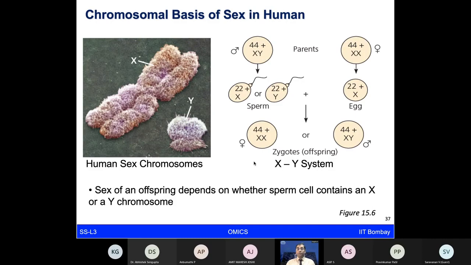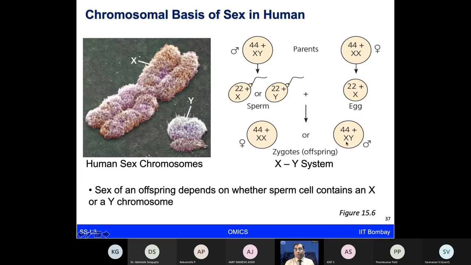If you think about the chromosomal basis of sex in humans, we have 46 chromosomes, 23 pairs, and 44 plus XY chromosomes in the male, and 44 plus XX in the female. Now, the gametes formed in the female will all have the X chromosome only, whereas the sperm will have either the X chromosome or the Y chromosome. So after fertilization, it will be either XX or XY, right?